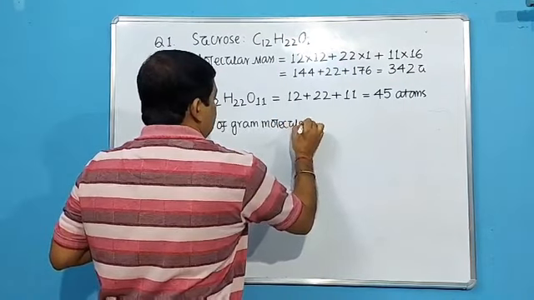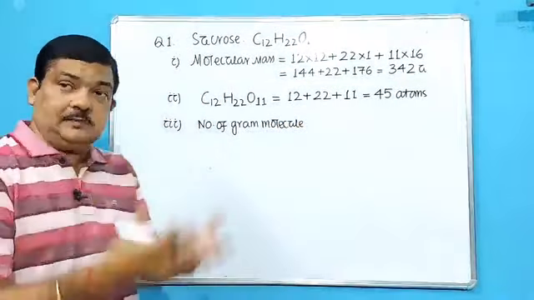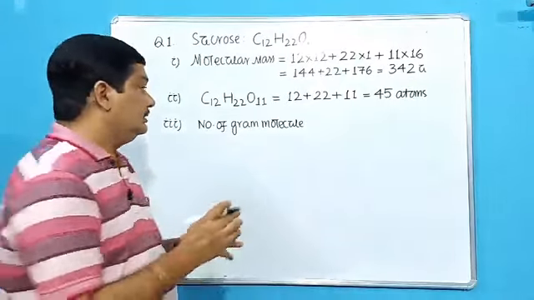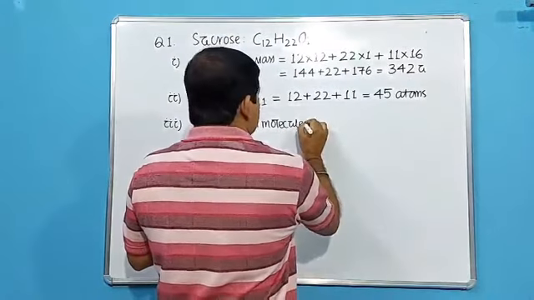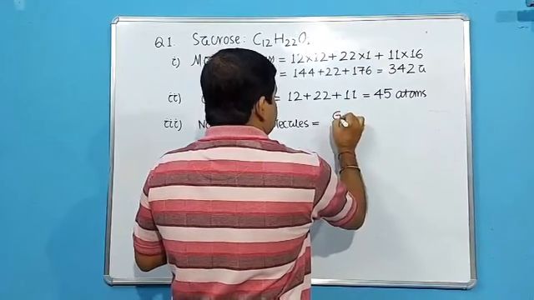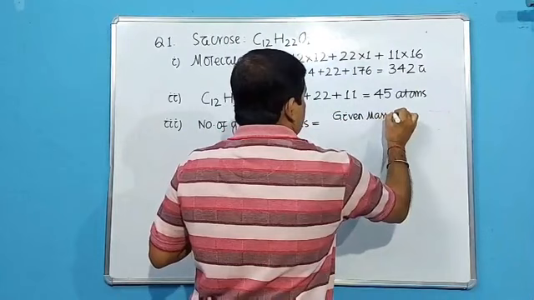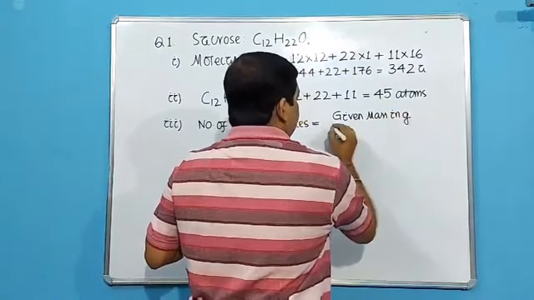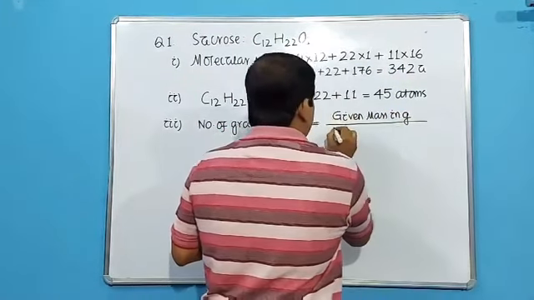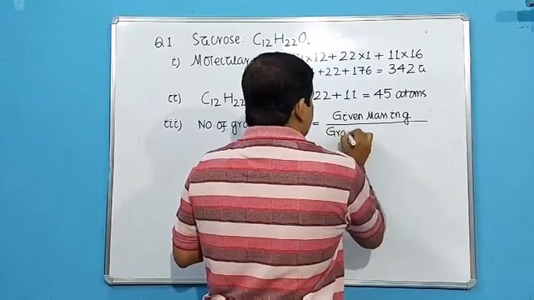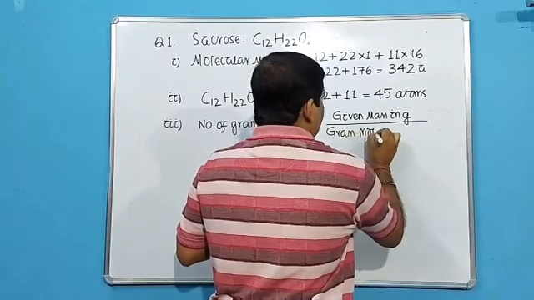One gram molecular mass is one gram molecule. So the number of gram molecules will be given mass in gram divided by gram molecular mass.